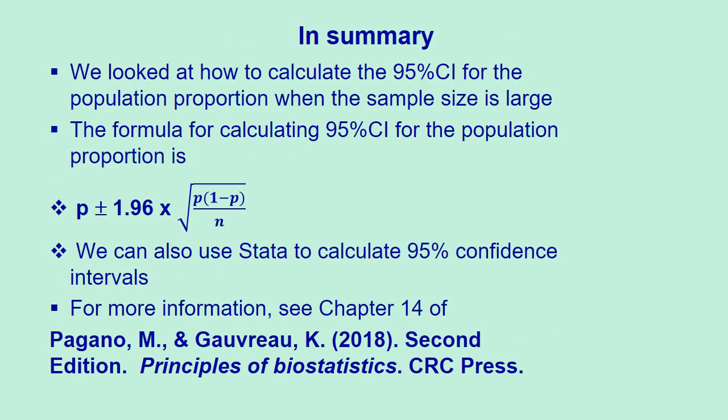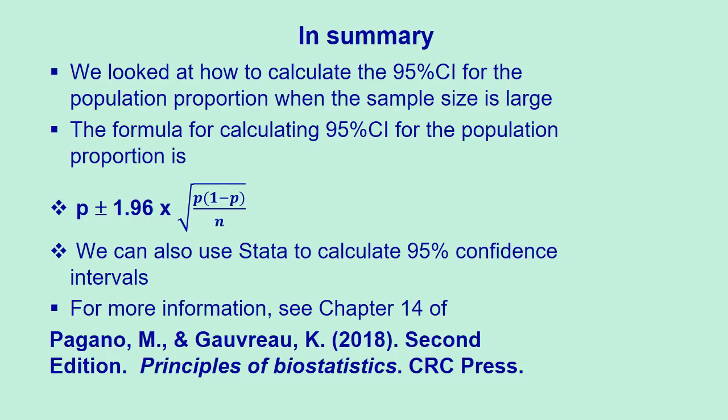We have come to the end of this lecture, and in summary, we looked at how to calculate the 95% confidence interval for the population proportion when the sample size is large. And remember, the criteria for the sample size being large in a proportion setup is either np is greater than 5 or n times 1 minus p is greater than 5.